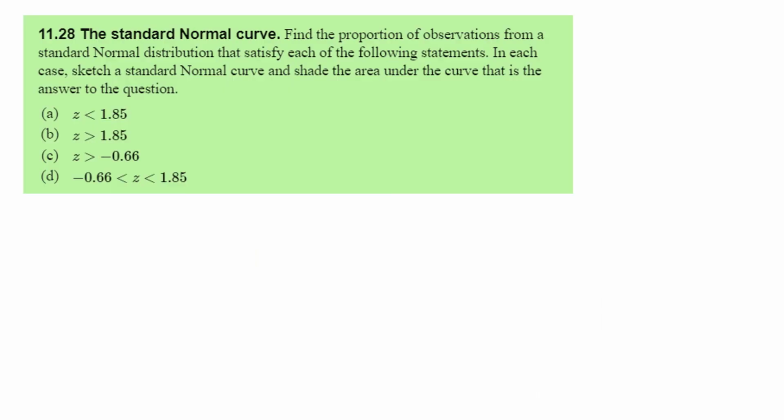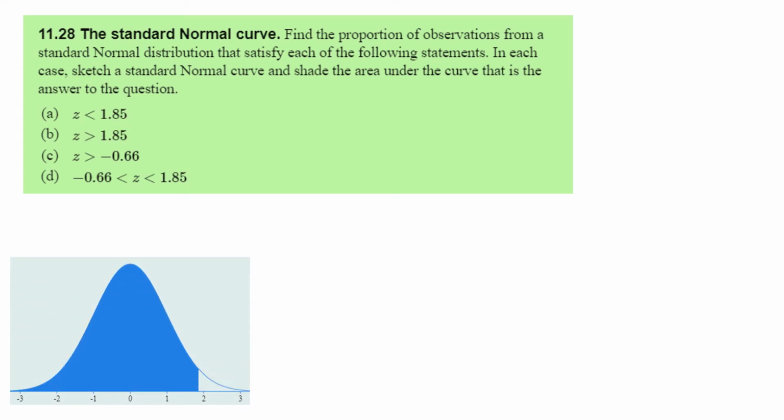Let's make use of the table to get this result. So using the standard normal curve, we have to find these values. When we want to find z less than 1.85, maybe 1.85 is somewhere here.